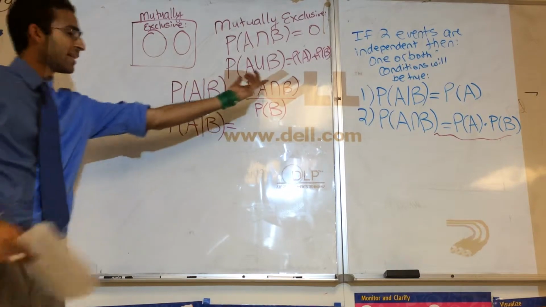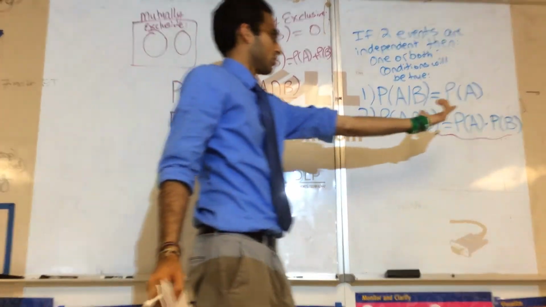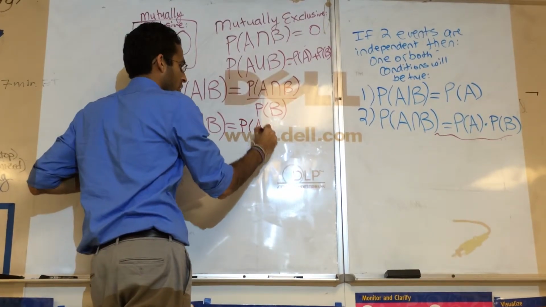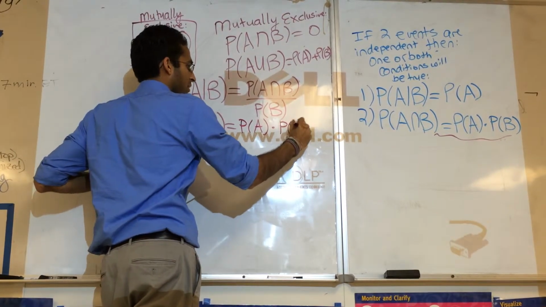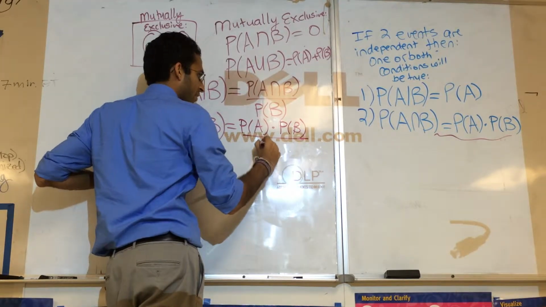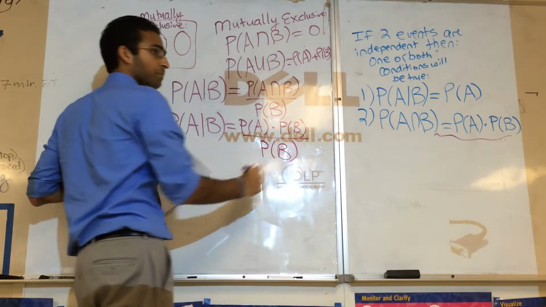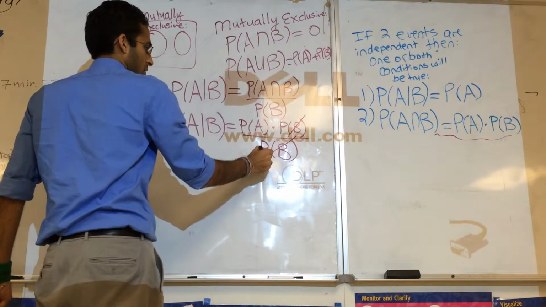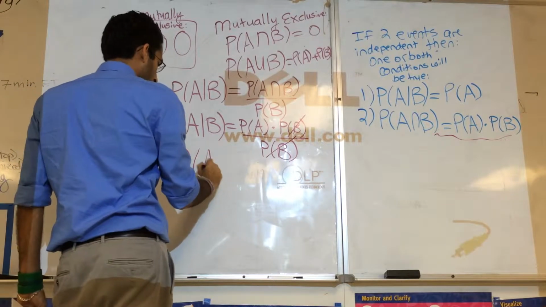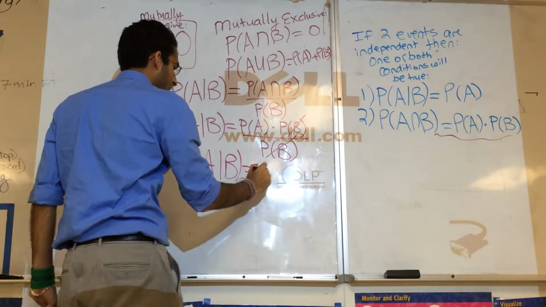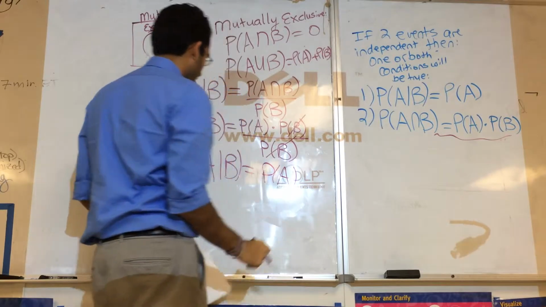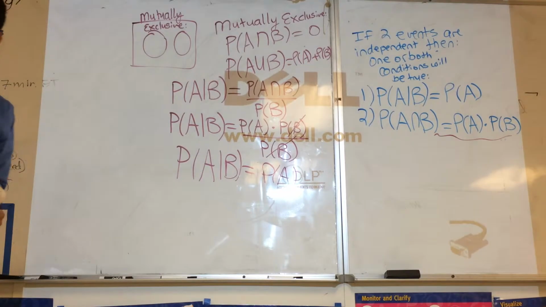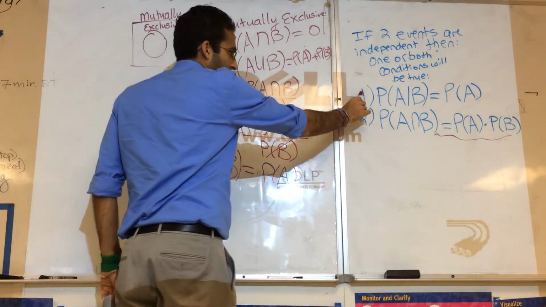So I'm just going to replace this with this right here. So I'll have the probability of A times the probability of B, all divided by the probability of B. And now we have the cancellation. So there we have shown that if two events are independent, then the probability of A given B is the same as the probability of A. That's just the proof of this right here.